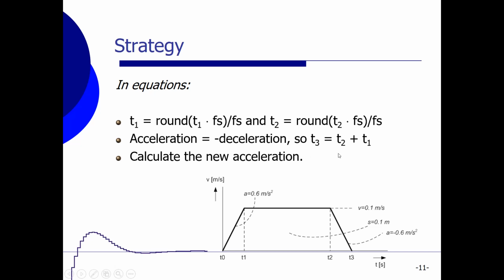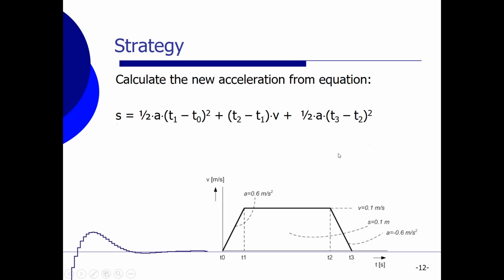So how do we do that? How do we calculate the new acceleration? Well, we can do that using the following equation. The total distance underneath this curve is equal to the distance underneath this triangle, then the distance underneath this rectangle, and again the distance underneath this triangle.